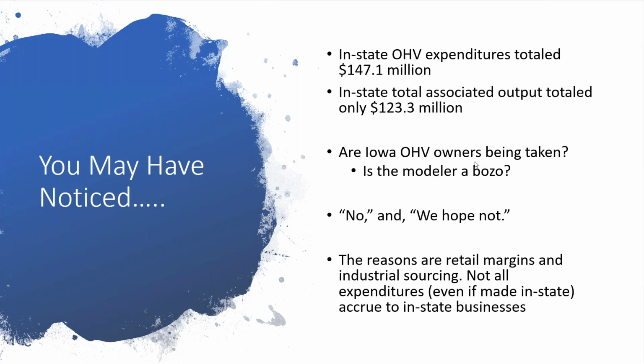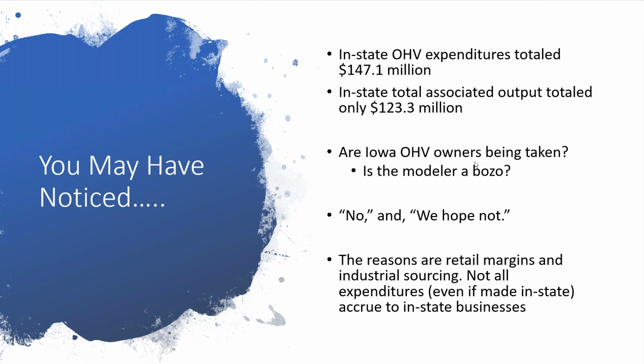Okay, this is where modelers get in trouble. You might have noticed that in-state off-highway vehicle expenditures totaled 147 million, and that in-state total associated output was only $123 million. And if you did, you might ask if somebody's taken the Iowa off-highway vehicle owners for a ride, or is the modeler a bozo, or any of that.